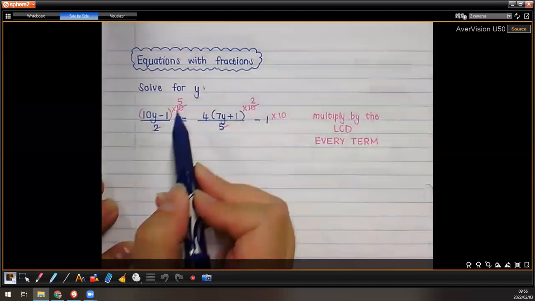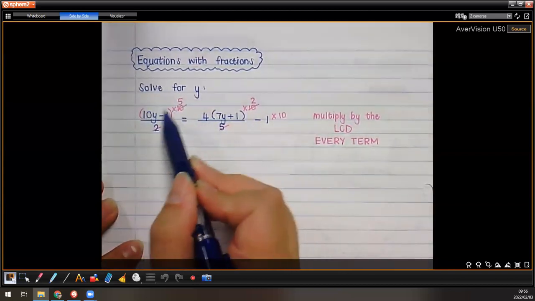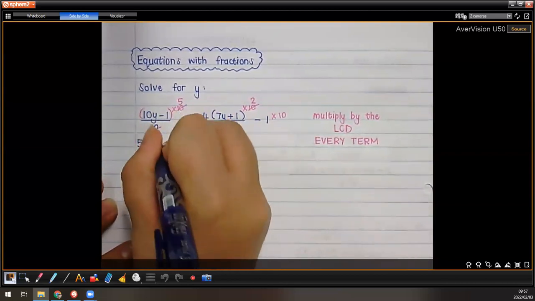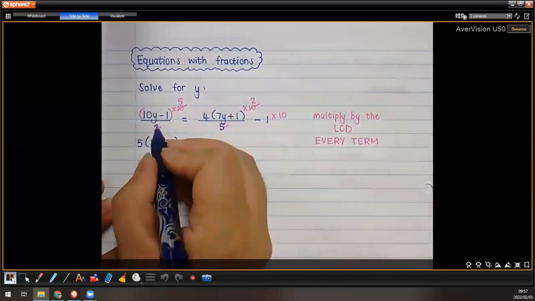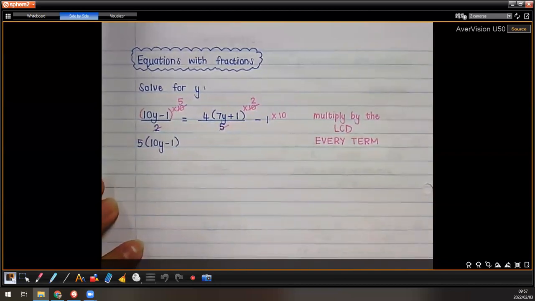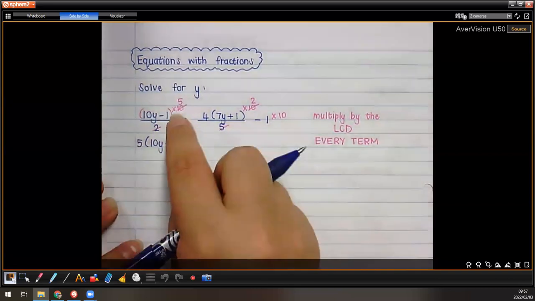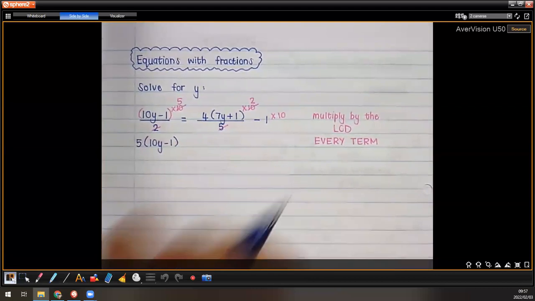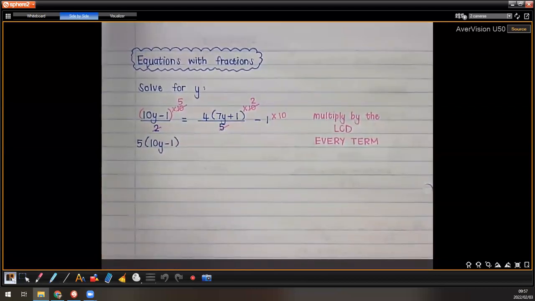So what am I left with here? I have a 5 and 10y minus 1. And what is left at the bottom, guys? If I cancel out that 2, do I need to write anything over it? No. You see what we've done now? By multiplying this fraction by something that 2 can divide into, we've been able to cancel out that denominator.